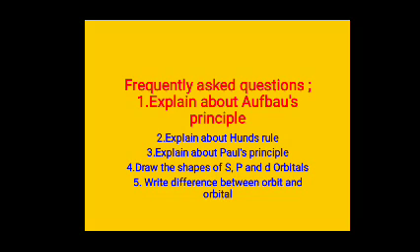In carbon 2p2, n values are same, l values 0, 1, m values 0, minus 1, s values are plus half and minus half. This is Pauli's principle.